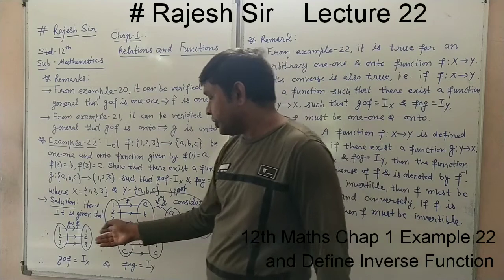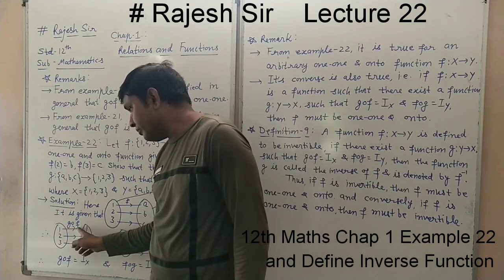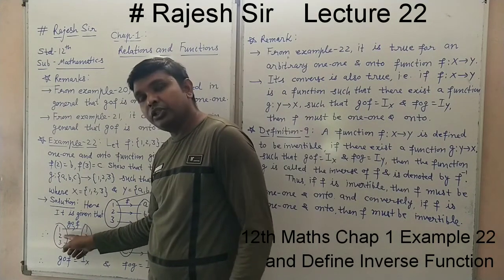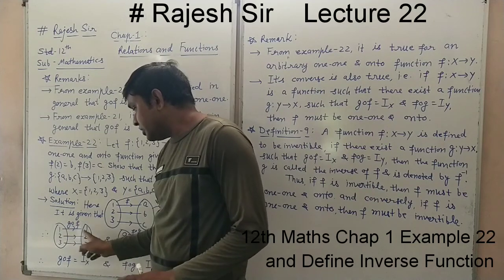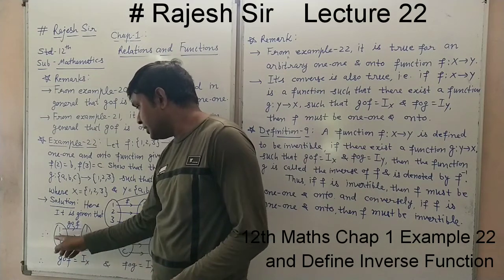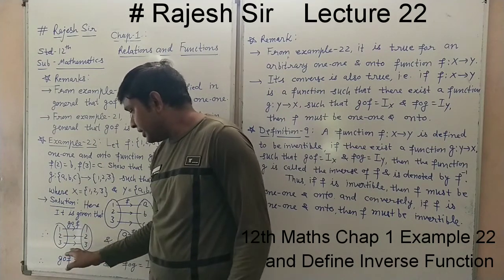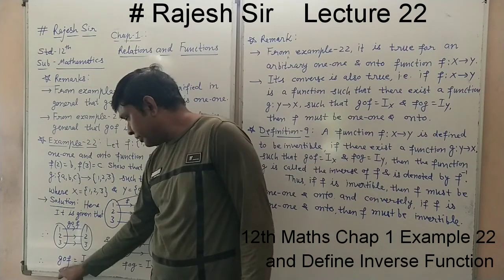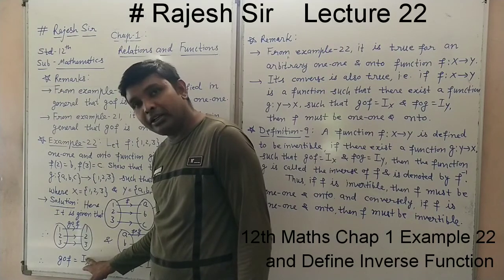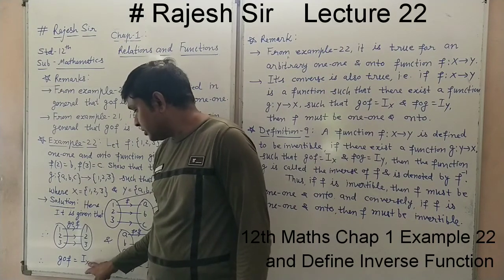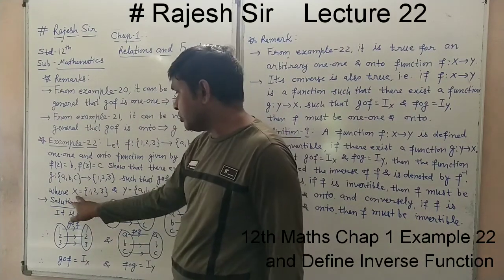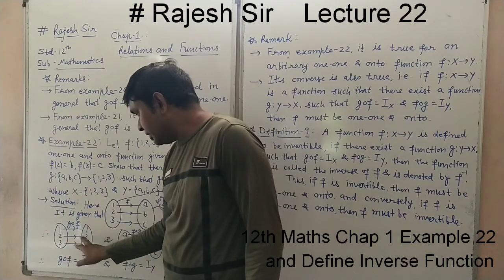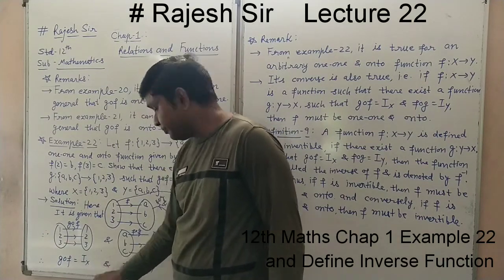So by this what we can say is, in the GOF function, 1's image is 1, 2's image is 2, 3's image is 3. So you can say it is an identity function. So GOF equals I for identity function, and this x shows, because in the question x equals {1, 2, 3}, so we have written Ix.